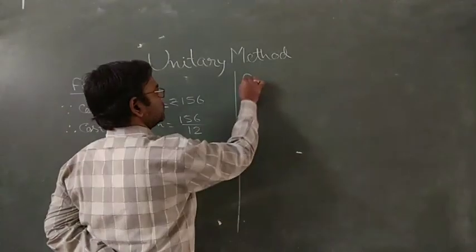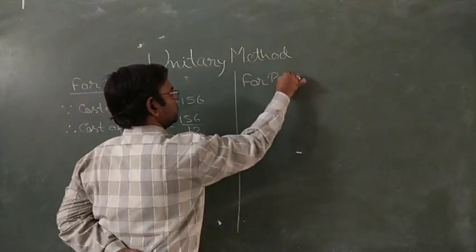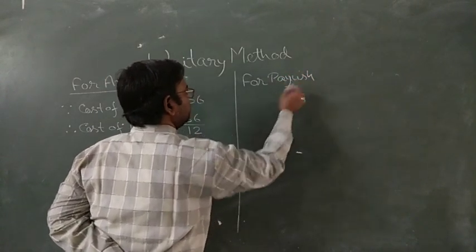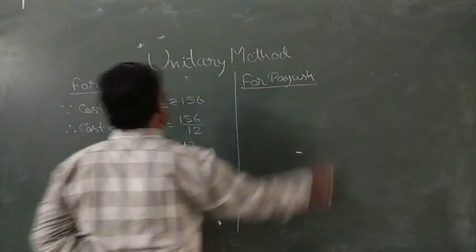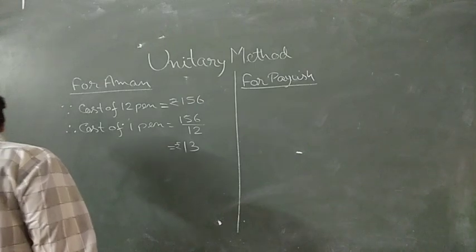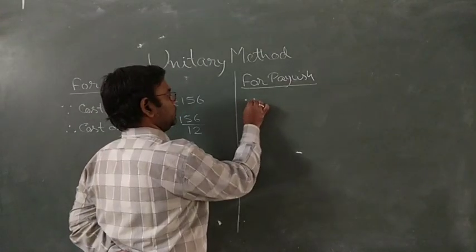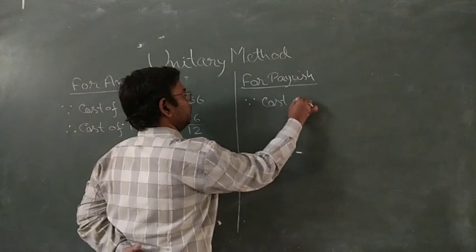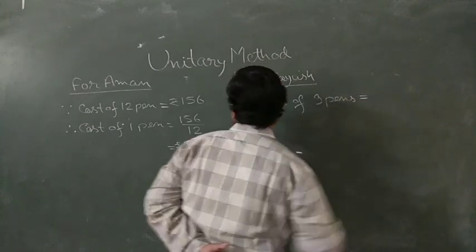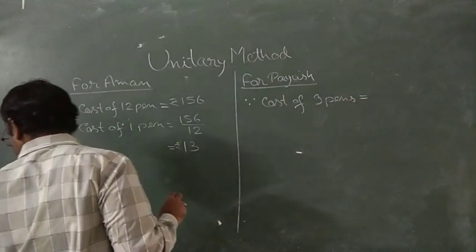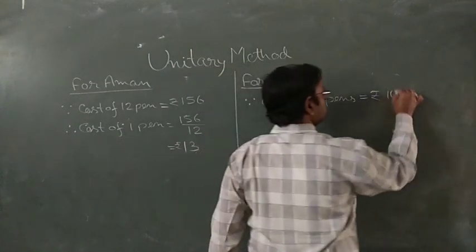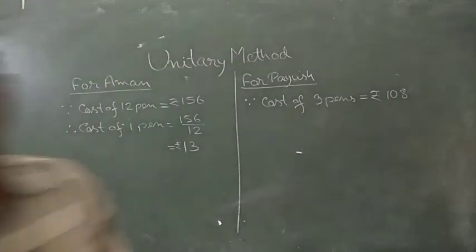So for Pius, whatever name it is, its name is there. So for Pius, since cost of 9 pens is equals to rupees 108. I hope you are able to see that side.